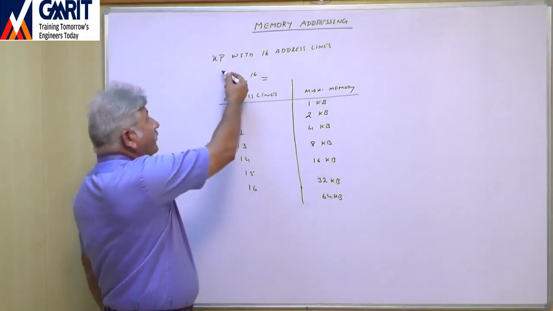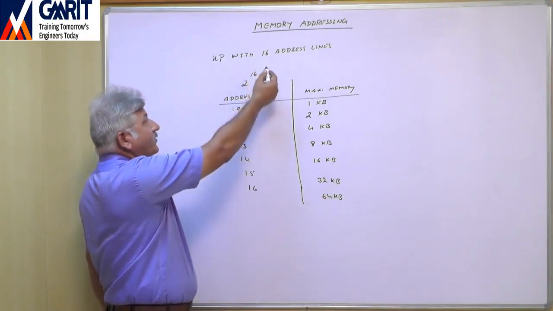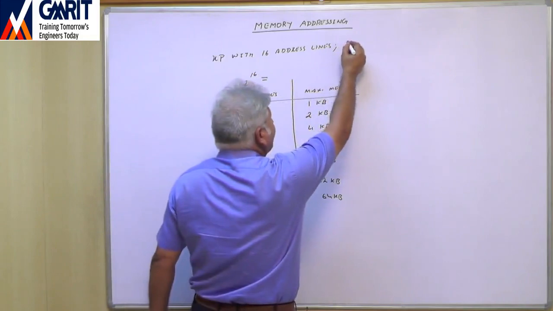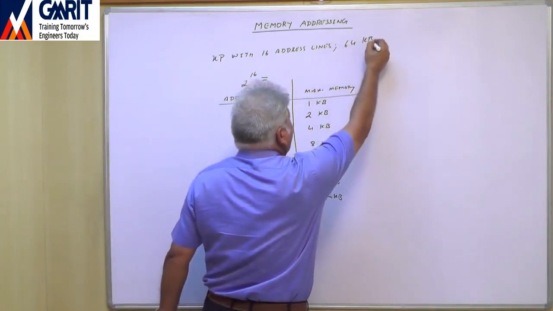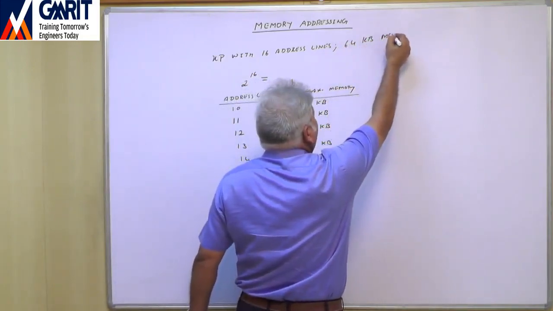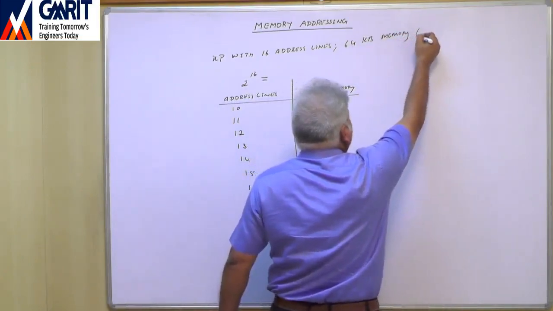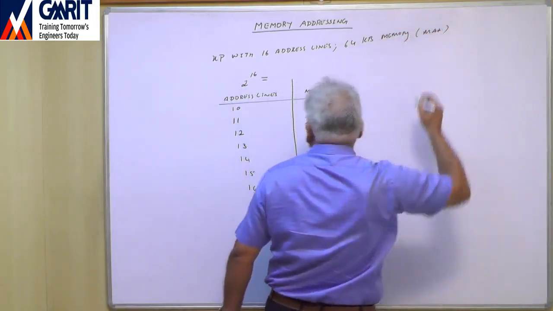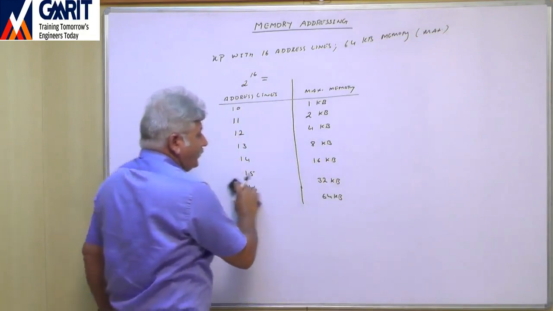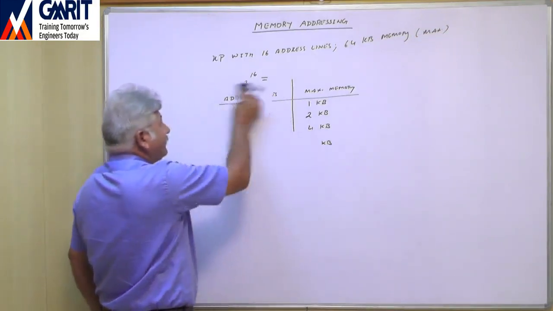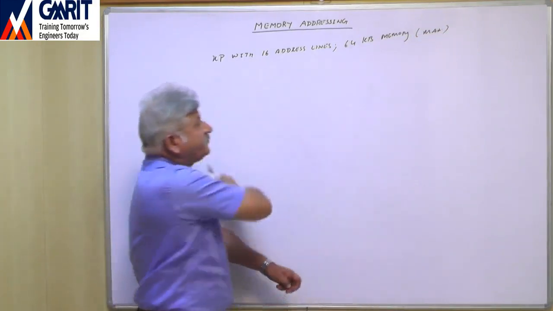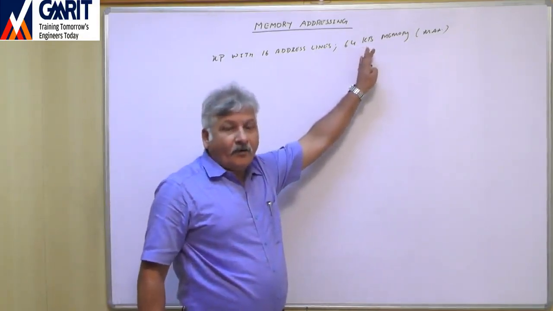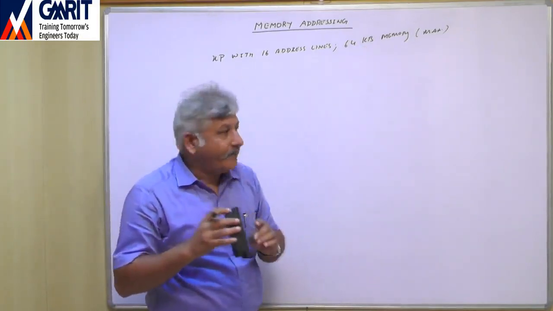So with a microprocessor having 16 address lines, we can connect maximum 64 KB memory. And this is the maximum, right? Now this 64 KB memory will be the maximum memory.